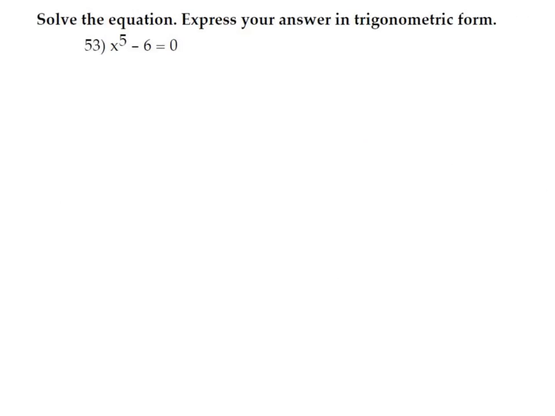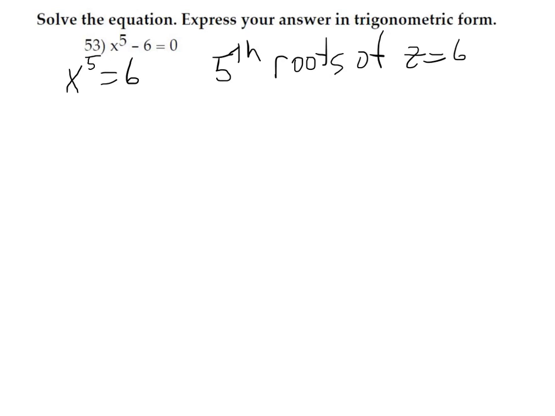Great. Solve the equation. Express your answer in trigonometric form. If I just start solving for x, I will get x to the 5th equals 6. So what we're looking for are the 5th roots of z equals 6.